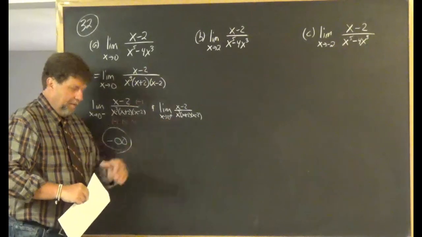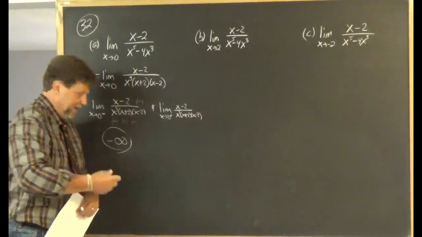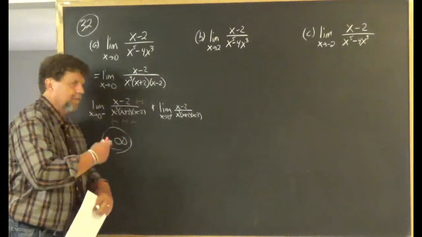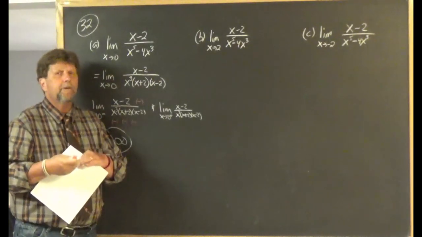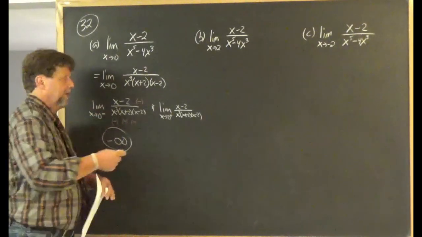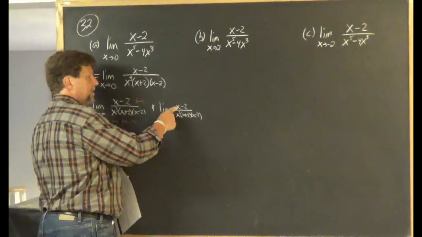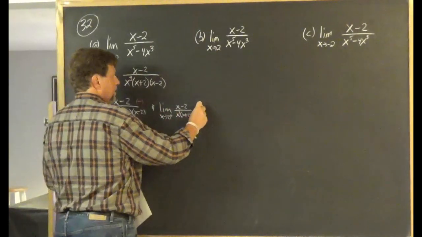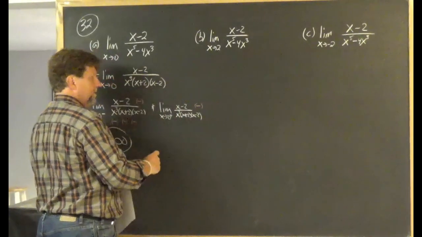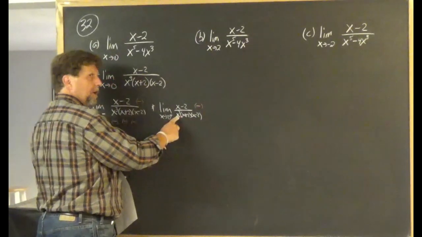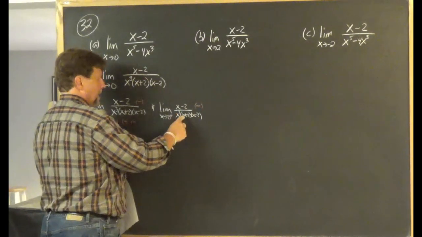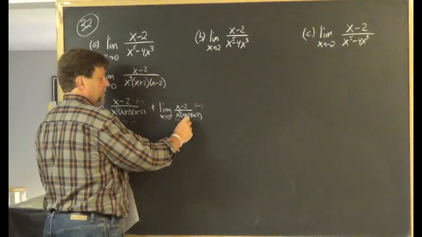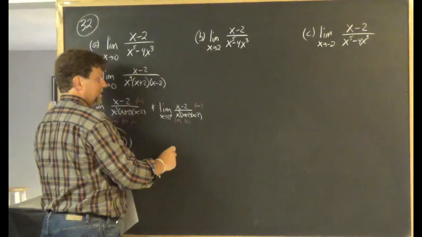Whereas here I'm approaching 0 from the right side of 0. So I just think of a number that's positive but close to 0, say 0.0001. When that comes in here for x, the numerator is going to be negative. In the denominator, a positive number cubed is positive. A positive number plus 2 is positive.